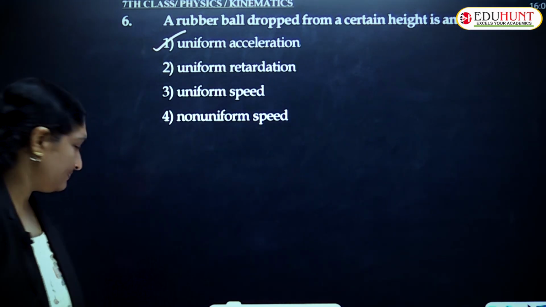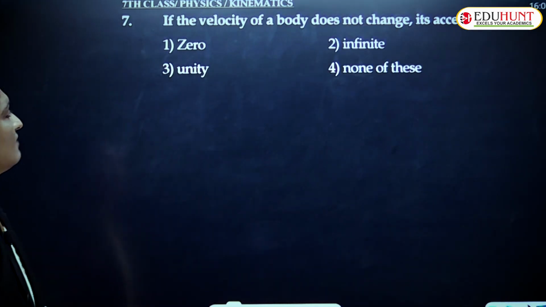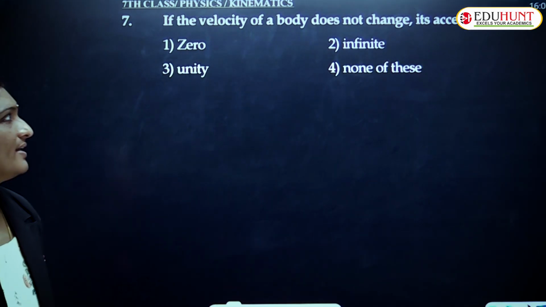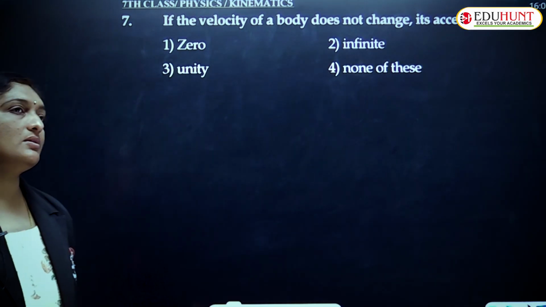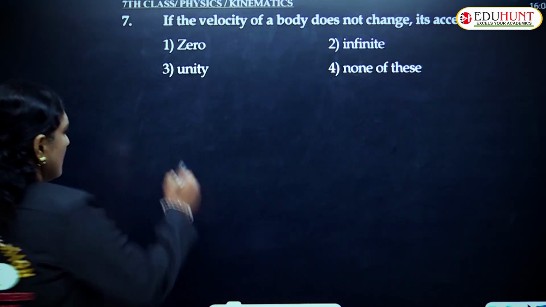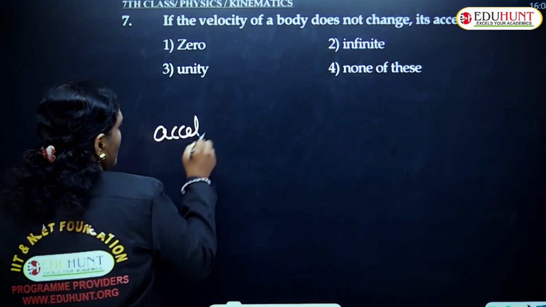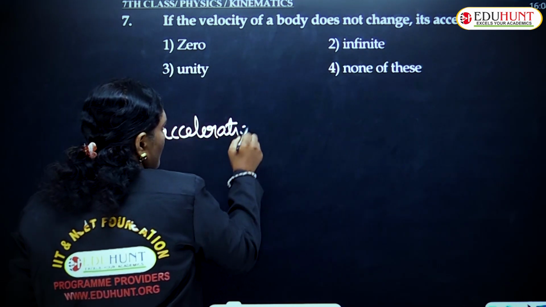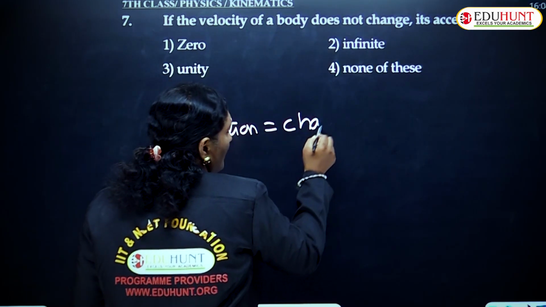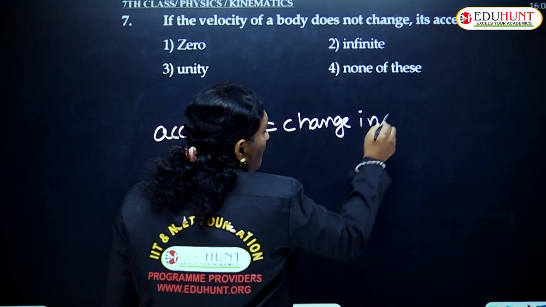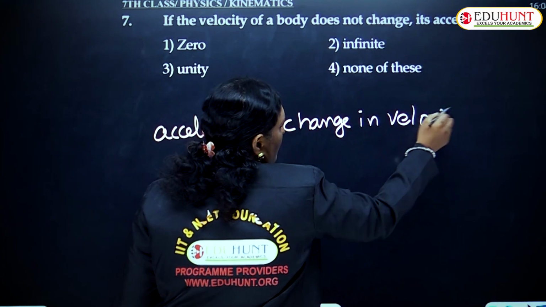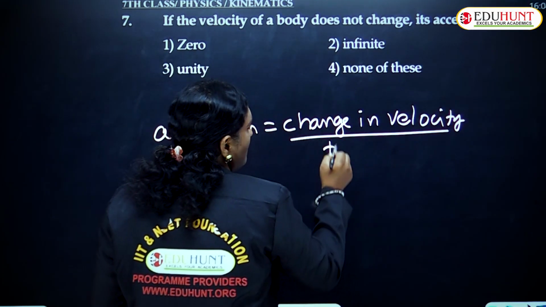Your first option. Next: if the velocity of a body does not change, its acceleration is? No change in velocity. What we said was acceleration is nothing but change in velocity upon time. Remember children, change in velocity upon time.